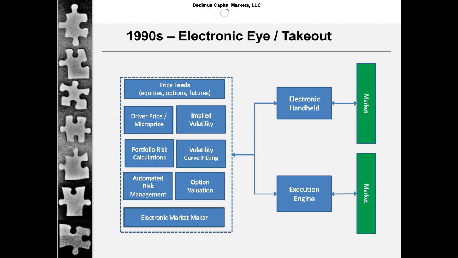When I say replicate, you can see in my little diagram that at Hull Trading we literally just built new software pieces that had the same function in the architecture, where the execution engine on the bottom there is roughly equivalent, on Eurex trading DAX options, to the electronic handheld in the U.S. trading S&P options.